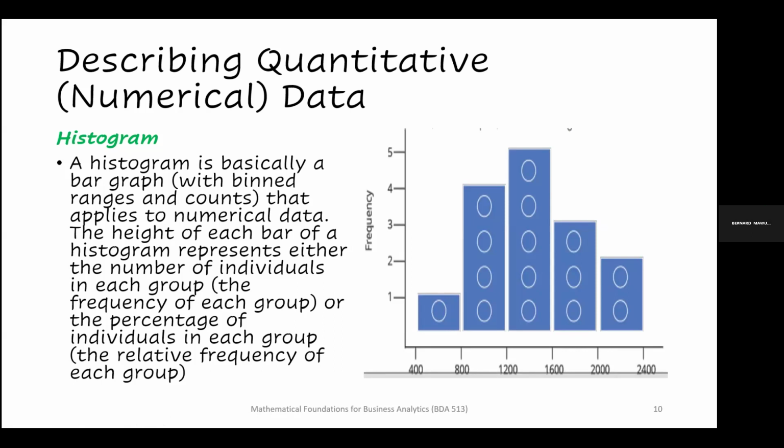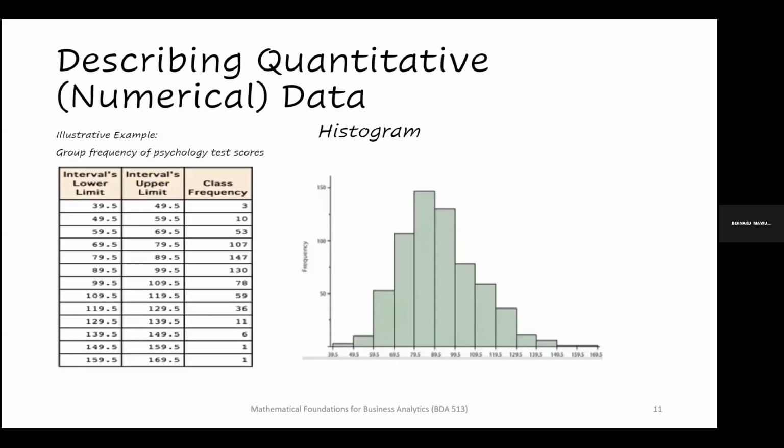With a normal bar graph, remember that it deals normally with counts. It is not numerical data. So that is the main difference between the histogram and the normal bar chart. Okay, thank you.